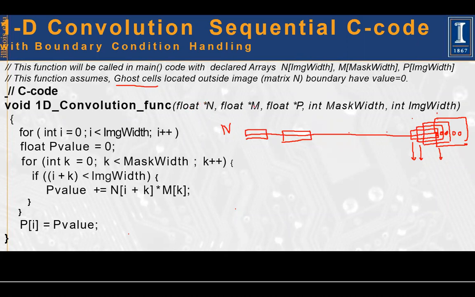There is a pointer m, which points to float type data, pointer p, float type data, mask width, integer, image width, integer. So what we are saying is, this is an input array, this is the mask array, this is the output array, this is the size of our mask, which is, let's say, 5 in this case.